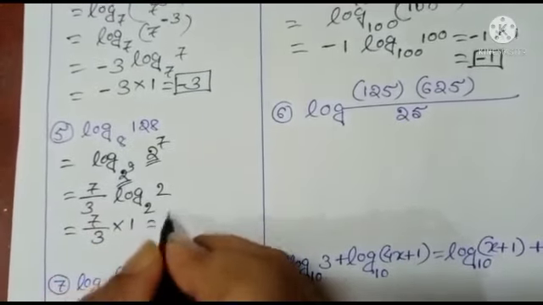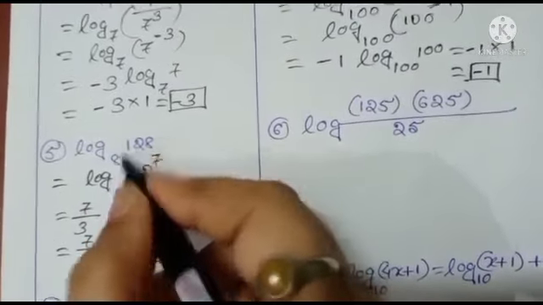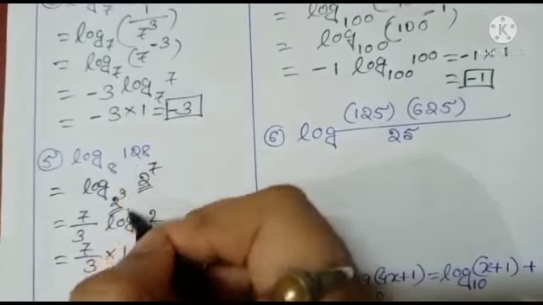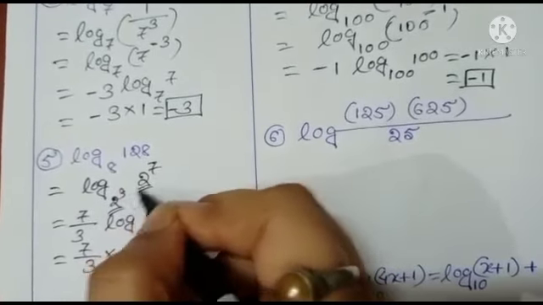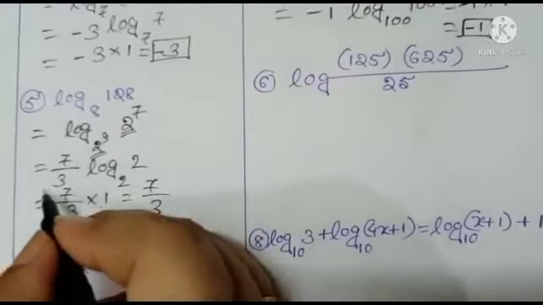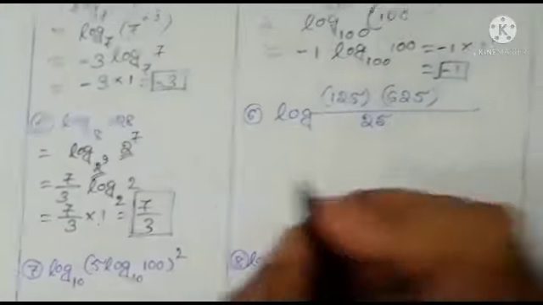This means 1. Because how do we make a relation between 8 and 128? It's obviously a relation: 2 cubed and 2 to the power 7, both are 2. So we convert this value to 1. So it's 7 by 3, the answer.